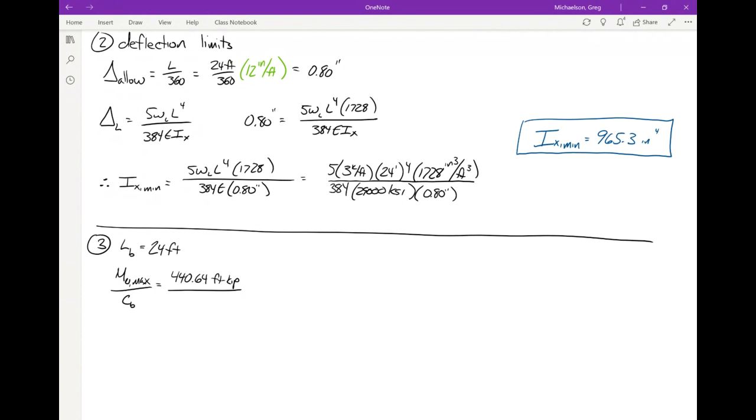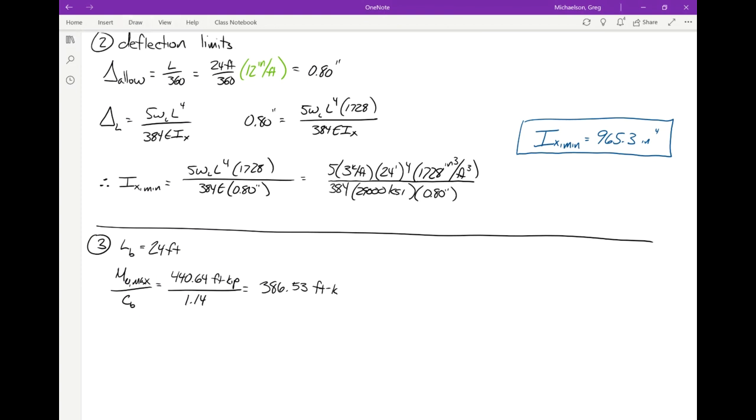But this beam only has one unbraced segment, so that's just the whole beam. That's why I have a difference there. And I'll discuss the specifics on that on the homework in a second. Divided by 1.14. And so when you chug that out, you get 386.5. You don't need to get any more accurate than that.